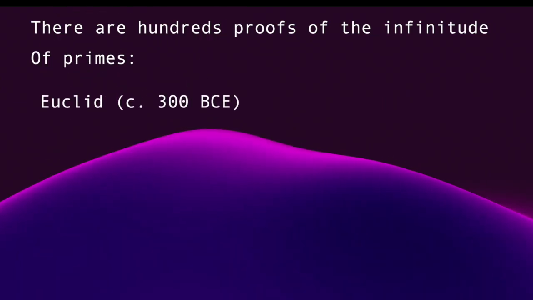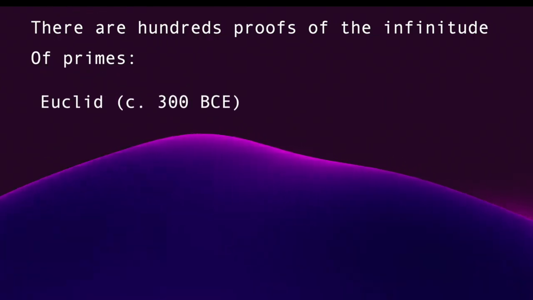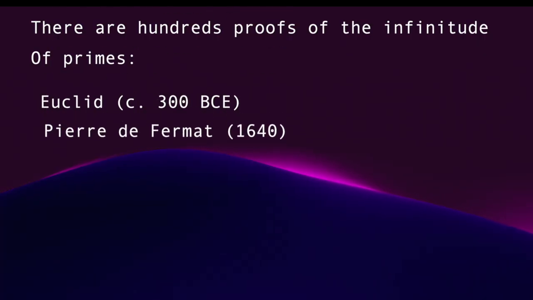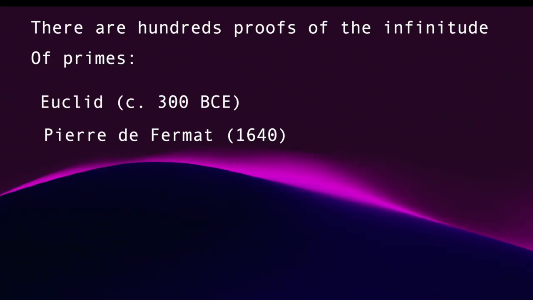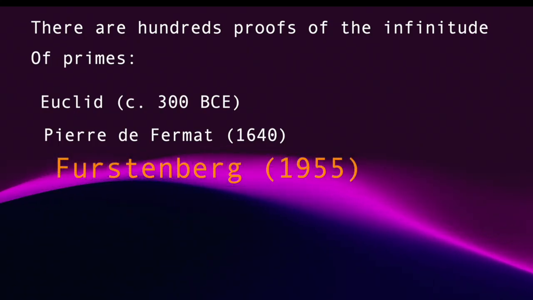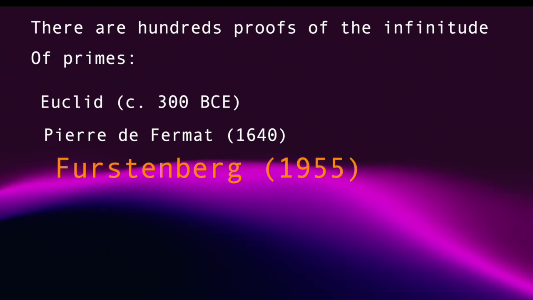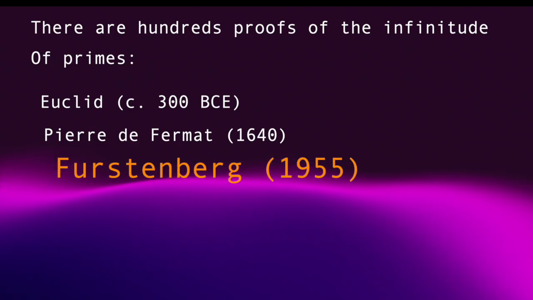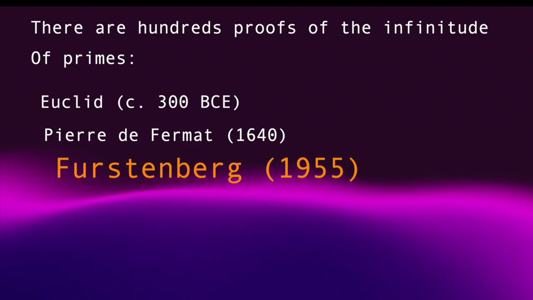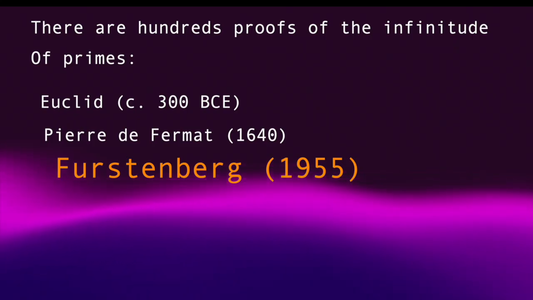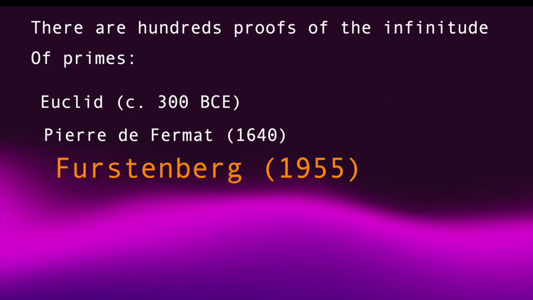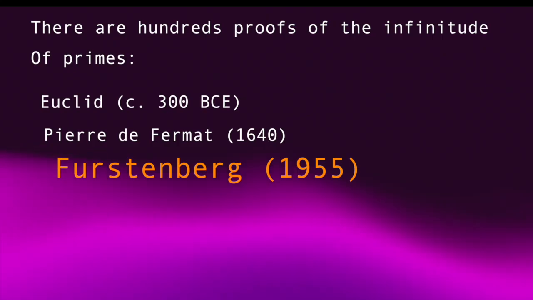In this video, we will review Euclid's proof, Pierre de Fermat's proof, and the core of this video is Fürstenberg's proof, which we will explain in detail, and we will define what topology means, because it's an advanced topic in mathematics.